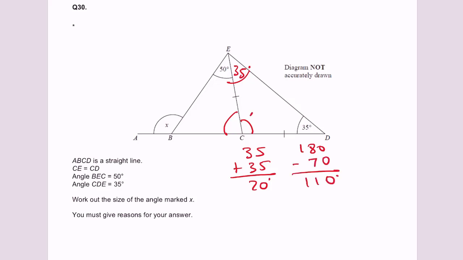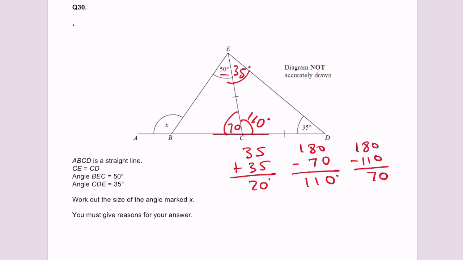So that's 110. So the first reason was the base angles in an isosceles triangle are the same. Yeah, that's 110. So that's a straight line. So that gives us 180 take away 110, that gives us 70 degrees, that's 70.